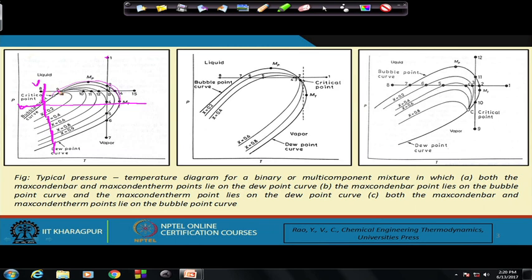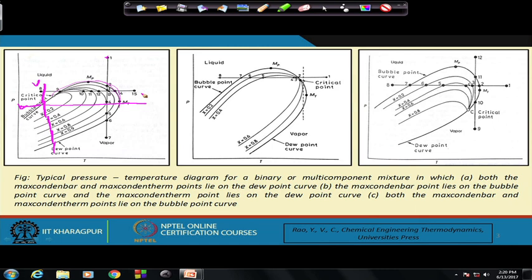The moment we touch the dew point curve, the first dew appears. If we continue this isobaric heating process, the proportion of liquid first increases and then decreases. Finally, the system again touches the dew point curve and then goes into the single phase vapor region. So, this is known as retrograde dew formation at constant pressure.